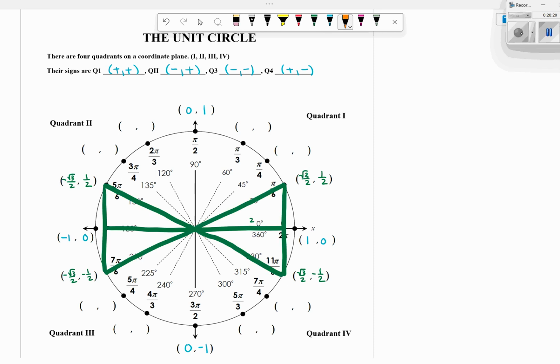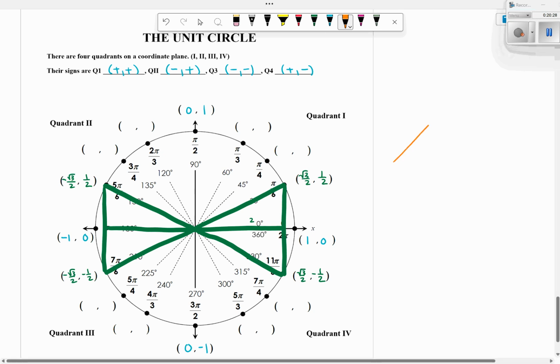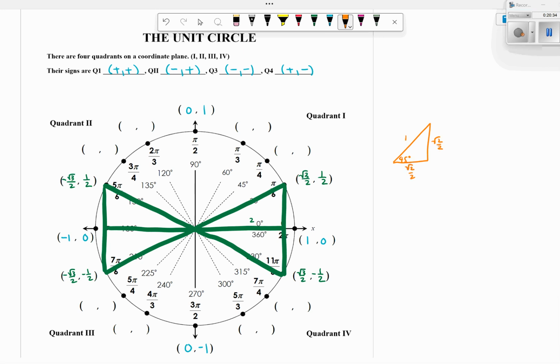So I highlighted it to make it a little bit easier to see. So then all the ones over 4 use 45 degrees. So remember we said that for the triangle, and again, if you forget, draw a triangle. So 45 degrees, this is root 2 over 2, root 2 over 2, and 1. So that means this is root 2 over 2, root 2 over 2. That means this would be negative root 2 over 2, positive root 2 over 2, negative root 2 over 2, negative root 2 over 2.